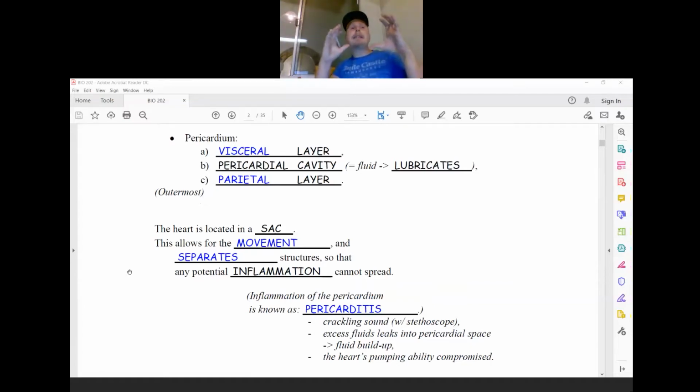Having it in the sac gives the heart space and the ability to move and change a little bit of its shape without being held back by the structures that surround it, mainly the lungs. So the lungs don't prevent the heart from its movements, and that's thanks to our pericardial sac around the heart.